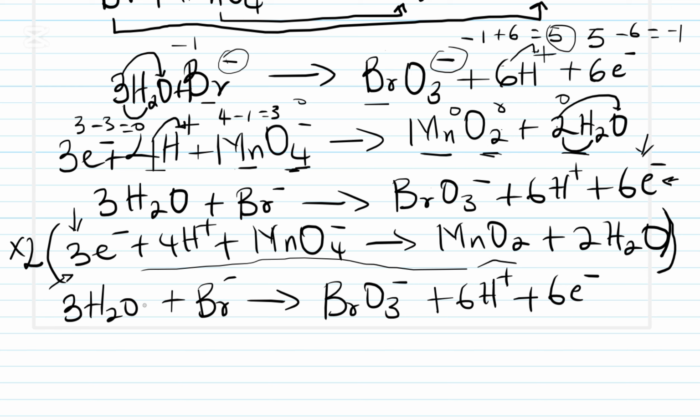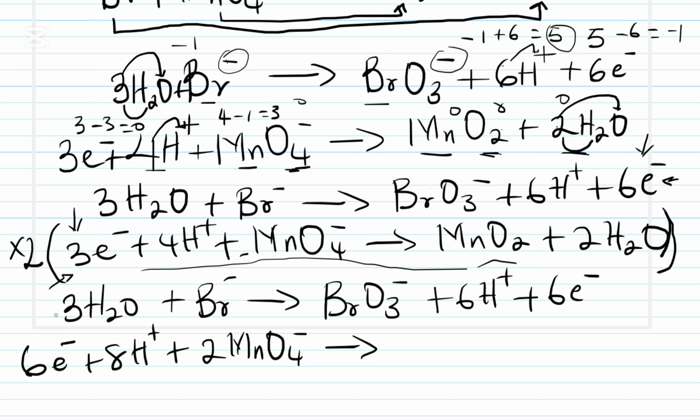So we say 2 times 3e minus will give us 6e minus, plus 2 times a 4H plus will give you 8H plus, 2 times MnO4 will give you 2MnO4 minus, and then the 2 multiplied by the MnO2 will give you 2MnO2, plus the 2 multiplied by the 2H2O gives you 4H2O. Okay, now we've reached this very point.